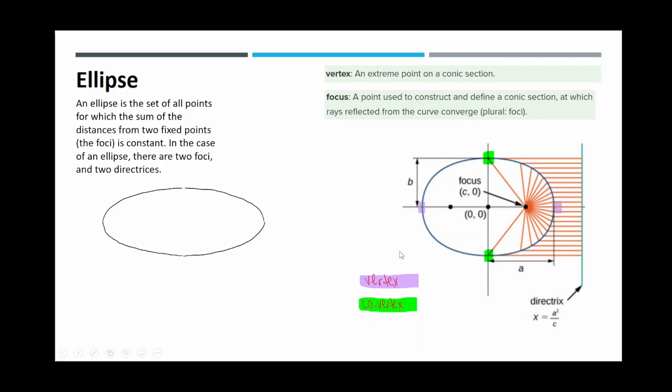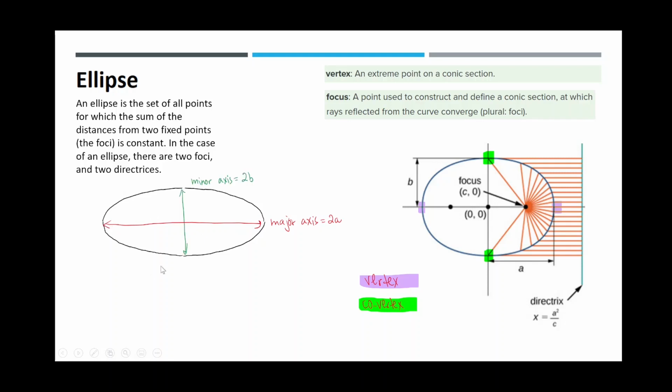So in order to continue, I'm going to define a few more terms here. We have vertex, we have the focus point. Then you need to also know that this longer length from one extreme point to the other extreme point, we call it the major axis. And the length of it is going to be 2a. So if the size from the center to the edge would be size a, as shown over here, then obviously that would be 2a, because you're going from center to this edge and from center to that edge.